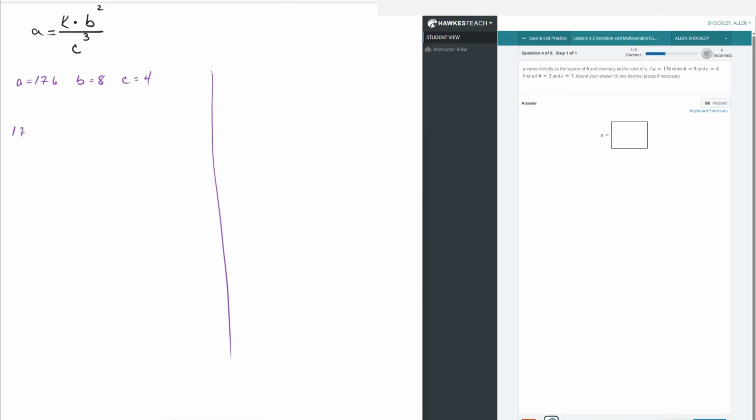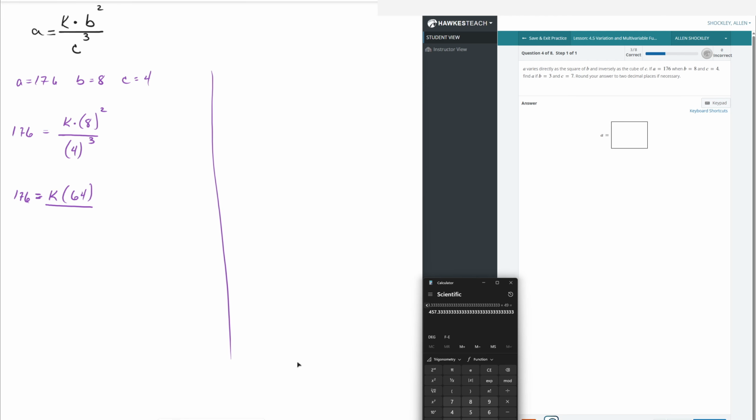So 176 equals K times 8 squared over 4 to the third. 176 equals K times 64 over 4 to the power of 3, which is 64.